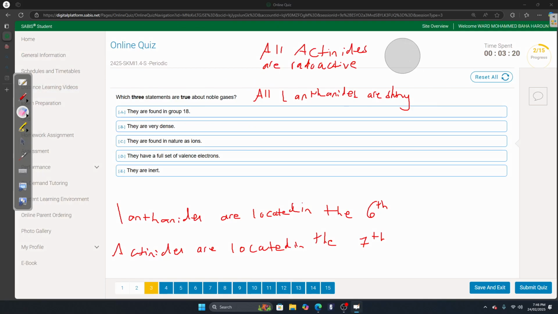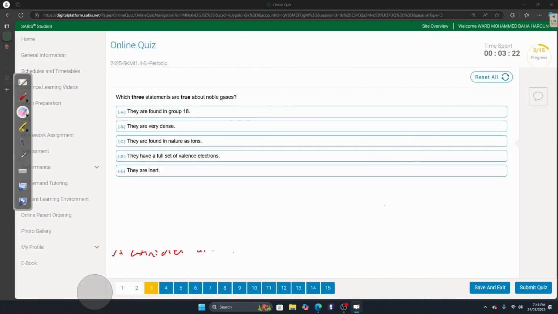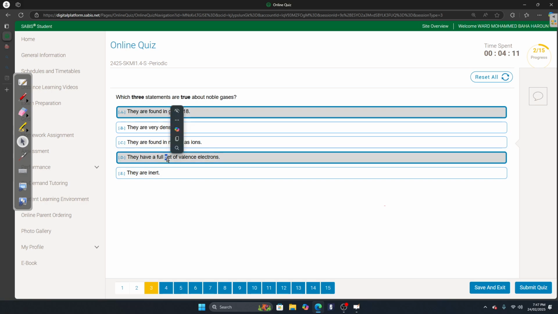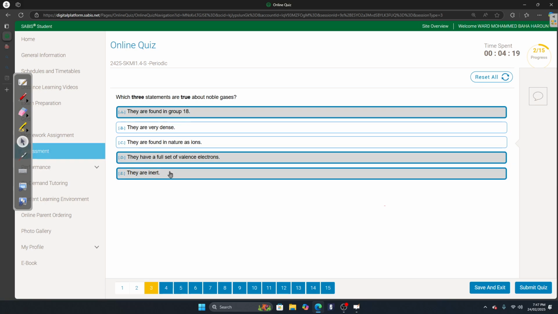Okay, noble gases. Noble gases are found in group 18. Right? I knew they were in group 18, and I knew they were not very dense, but I didn't know about these. They have a full set of valence electrons. Okay, this is true. They do have a full set of valence electrons, and since they do, this means that they are inert. What does inert mean?